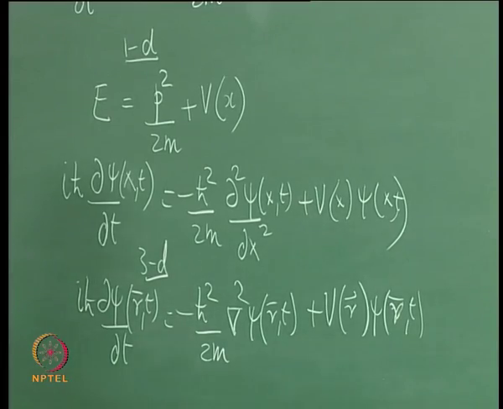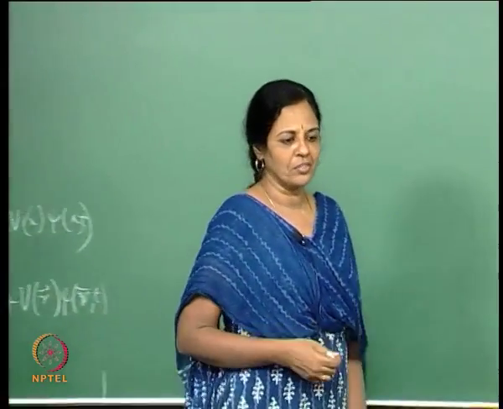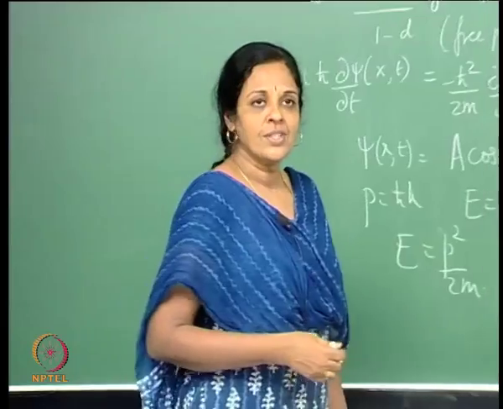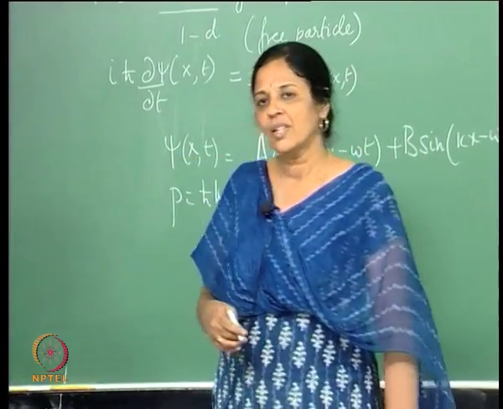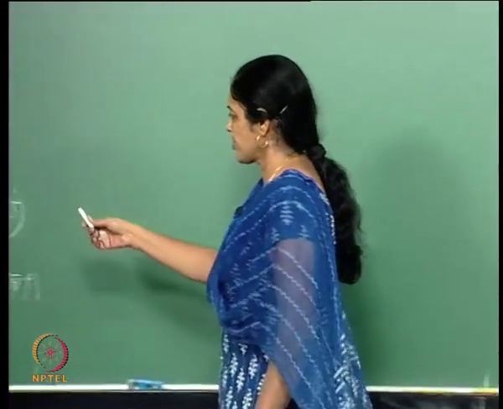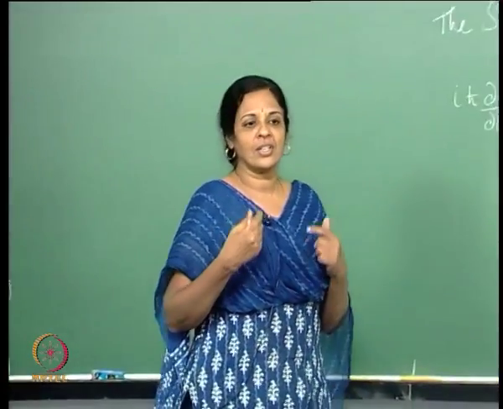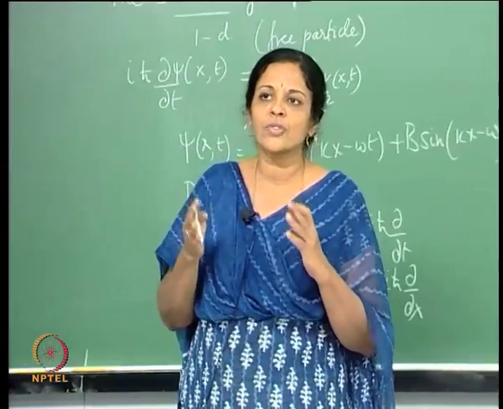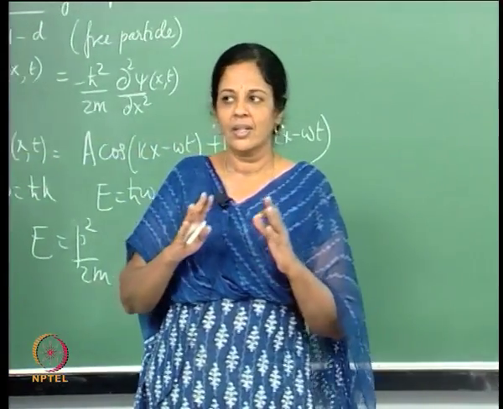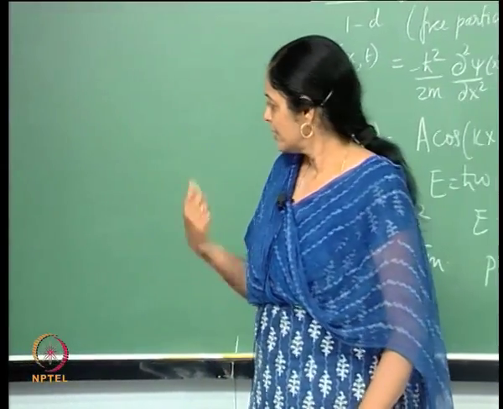So, this is the Schrodinger equation for a particle subject to a potential V. It is a function of r. For the moment and for quite a considerable part of the course, I would assume that this potential is a real function of space, because if the potential had a complex part, that would correspond to the presence of sources and sinks, and that class of problems is not what I wish to consider now.